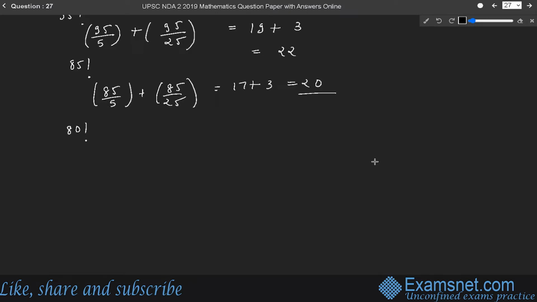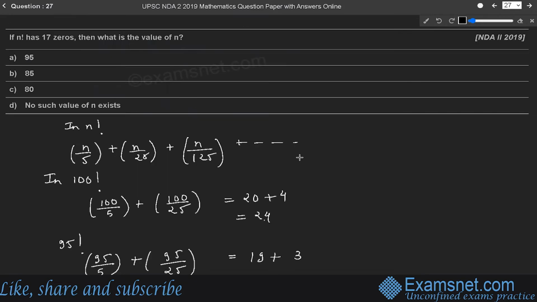So 80 factorial will also be represented as 80 upon 5 plus 80 upon 25. So it will be 16 plus 3 approximately, which is 19. Again, it is not correct. So we can say that no such value of n really exists. Therefore, the correct option will be option number D here, which is no such value of n exists.